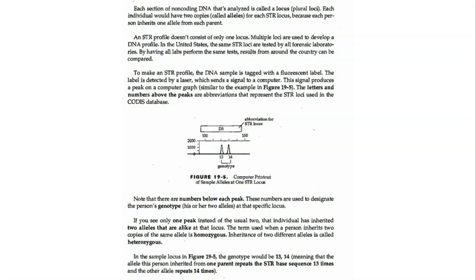One of their STRs at the D3 locus has 13 repeats, while the other has 14 repeats. If they inherit the same number of repeats from each parent, only 1 peak would be present. For example, if this graph showed only a peak at 13, that would mean that this person is homozygous for 13 tandem repeats at the D3 locus.